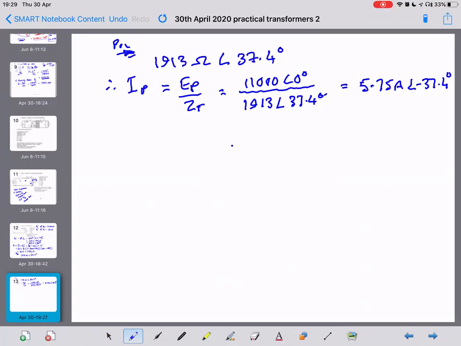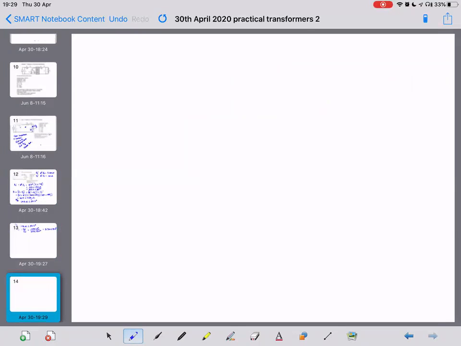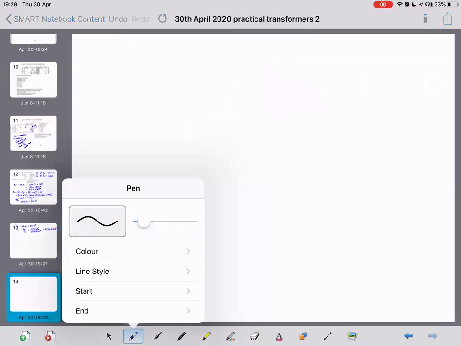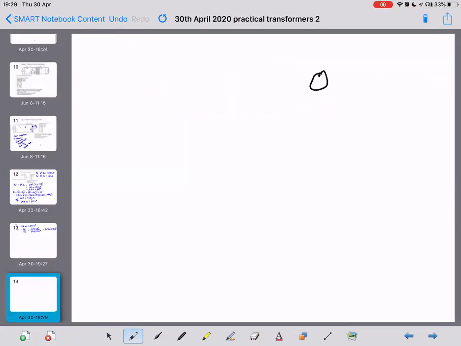Right. So the next part of the question, I believe, is asking for the secondary terminal voltage, yeah? So I'm going to go on a new page rather than do half of it on this page and half on the other, because I want to draw a diagram. What we've got at the moment is our EG that we know is 11 kV, and we've got an impedance here.